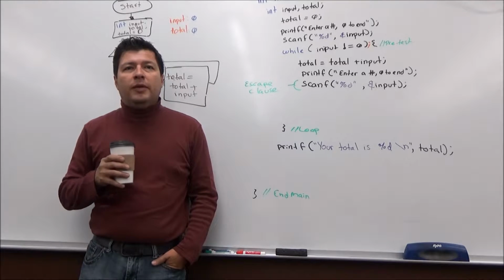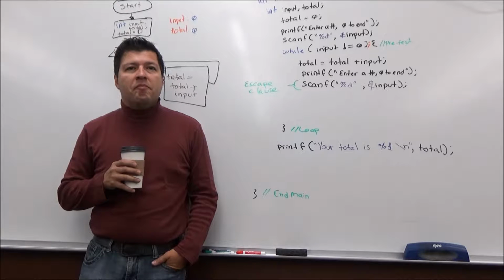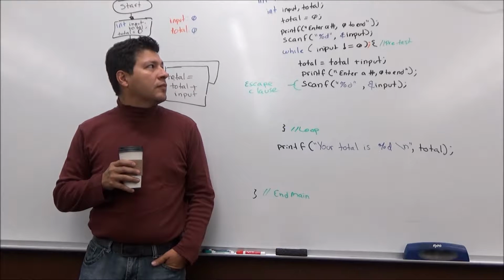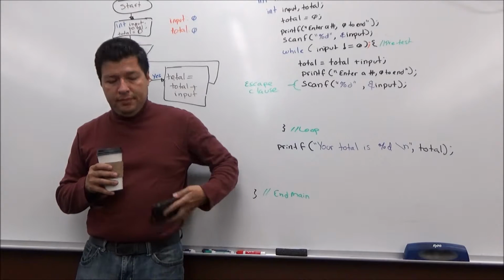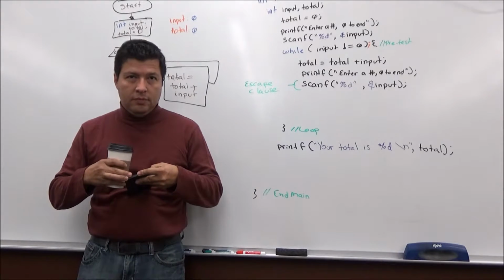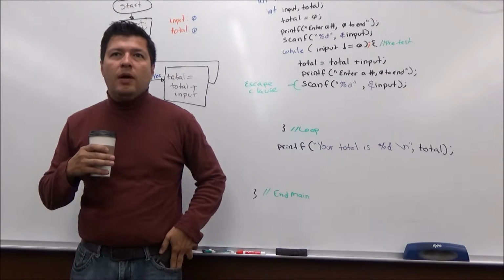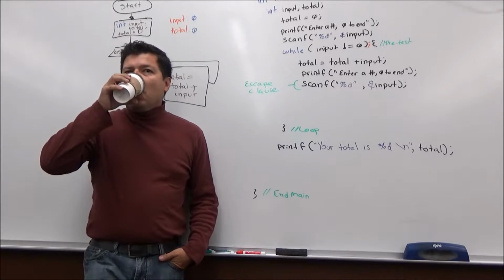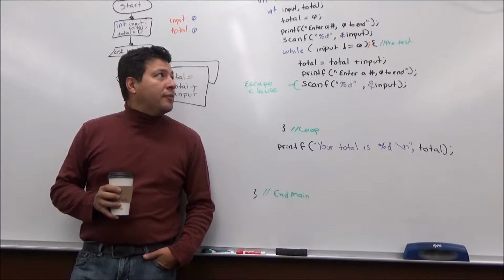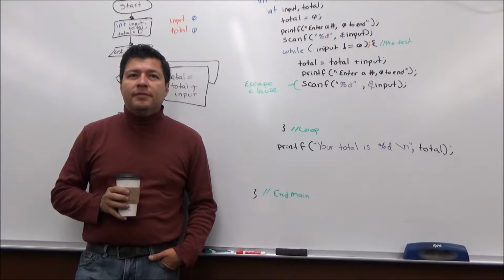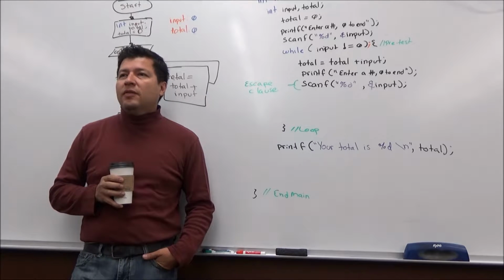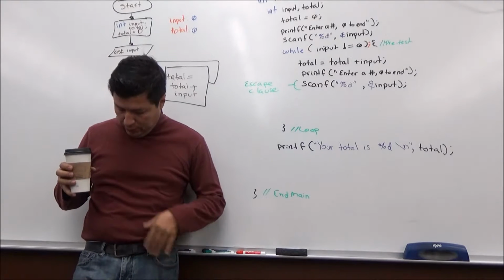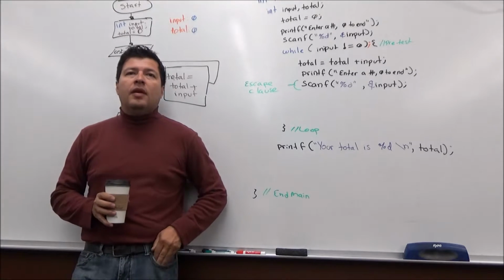What is the body of the loop right there? The total equals total plus input. Oh, wait, you're talking about the while. What's the body of the while loop there? There's none, right? So what does the semicolon do? End of statement, right?